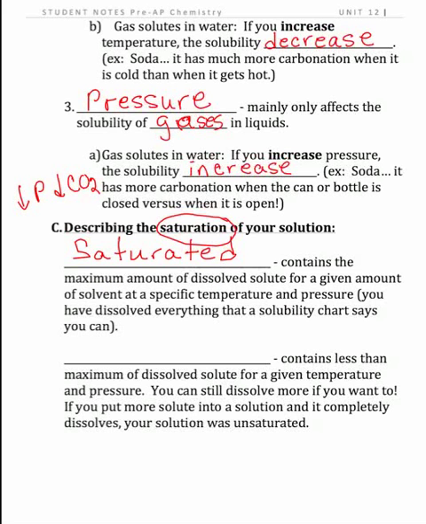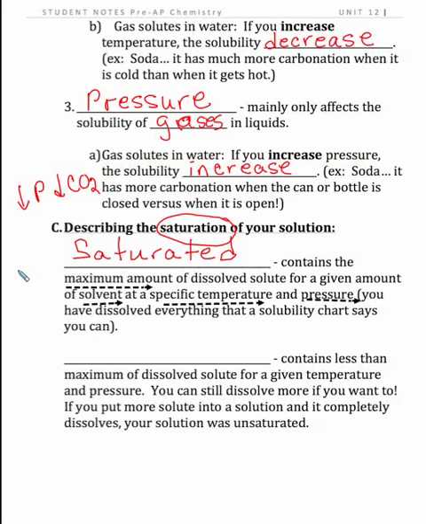So when a substance is saturated, it has the maximum amount of solute that can be dissolved for a given amount of solvent at a given temperature. Saturation changes with temperature, so that's key here. We're talking about a given amount of solvent at a given specific temperature, and if it's a gas, we also have to specify the pressure. So that's the maximum it can hold.